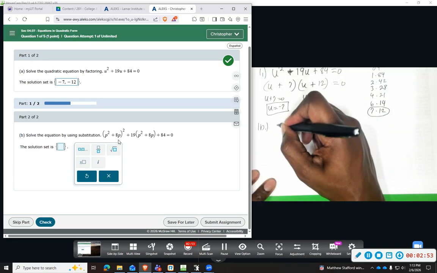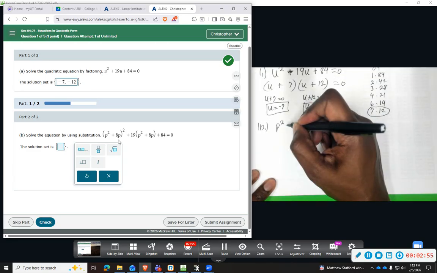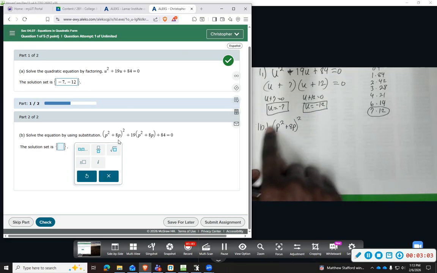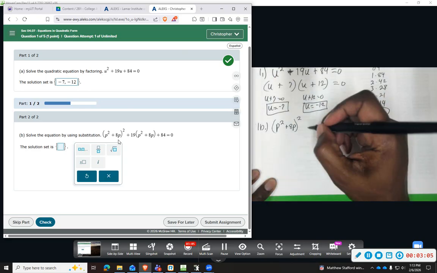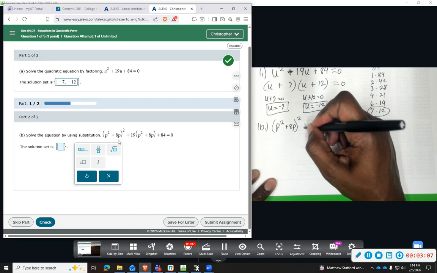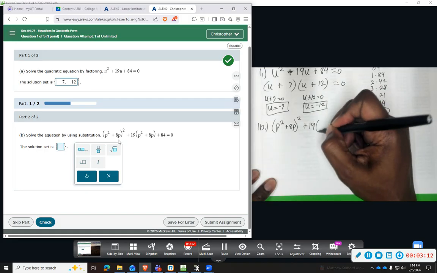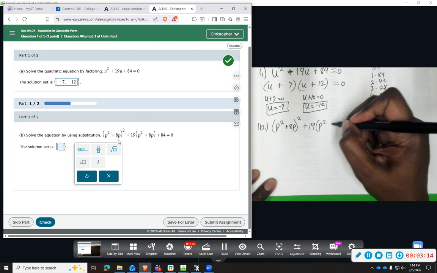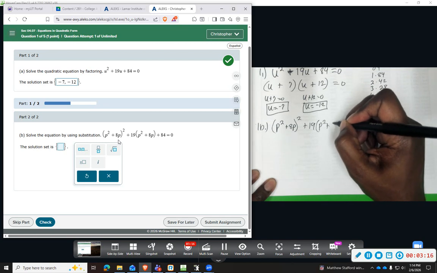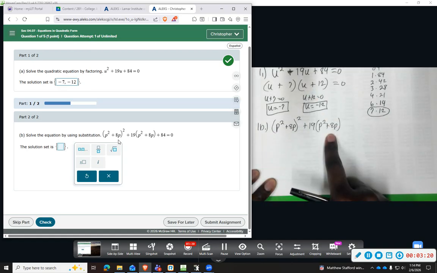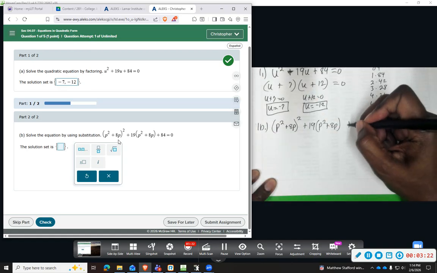So we have p squared plus 8p, and this whole term is squared. So this term is acting kind of like my u squared. And then plus 19, p squared plus 8p. This is acting like my single variable u, and then plus 84.